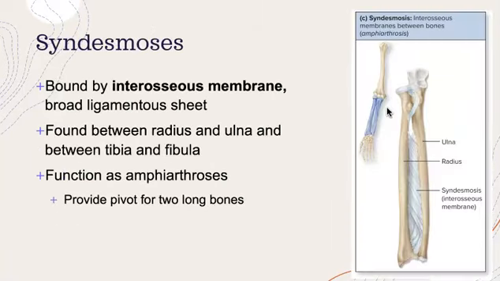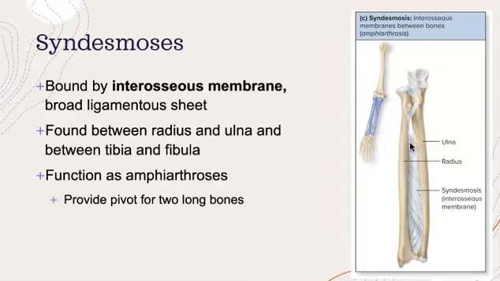All right, next we have syndesmoses, and these are bound by something called an interosseous membrane, which is a broad ligamentous sheet. Let's break that word down. Inter means between, osseous means bone, and membrane is just a flattened sheet.